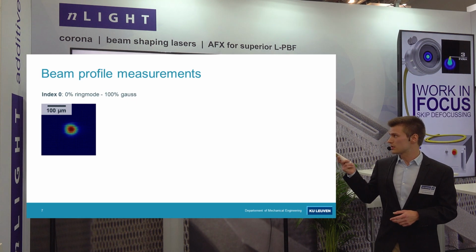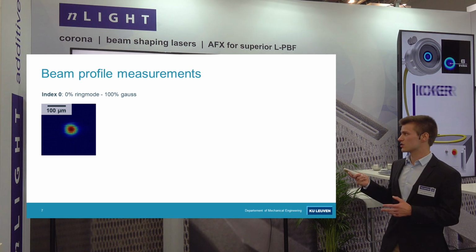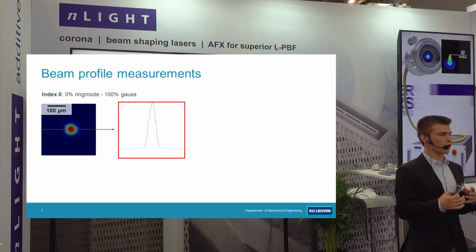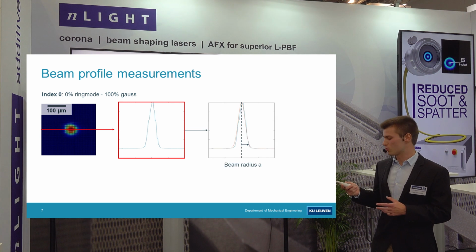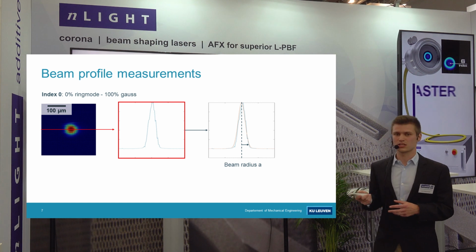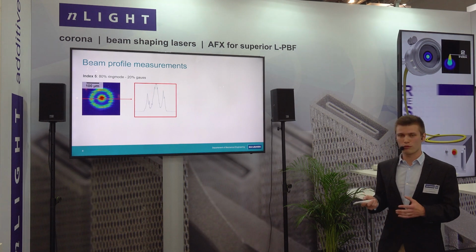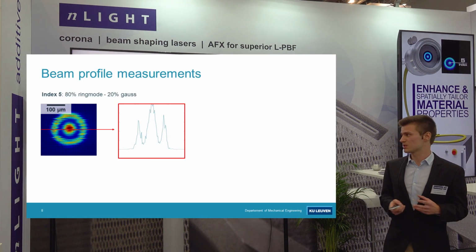So here you see an intensity profile measurement of the standard AFX in its Gaussian mode. And this is important because for our simulations, the spot size is crucial. In a standard Gaussian mode, it's quite simple. You approximate it as a Gaussian beam and you have a beam radius A. But if you do this for a different profile, one beam radius is not enough to accurately describe the intensity profile.